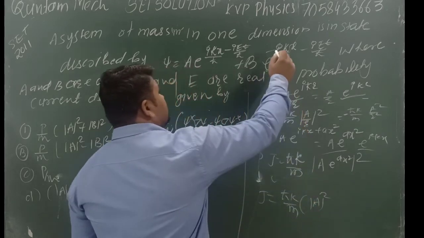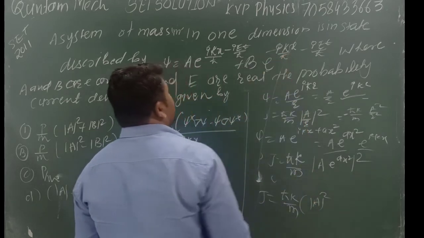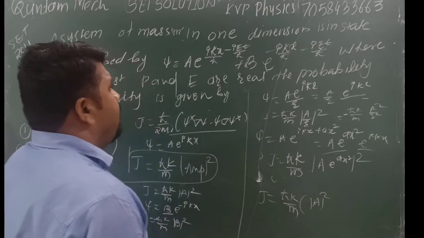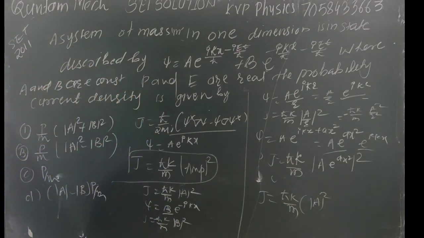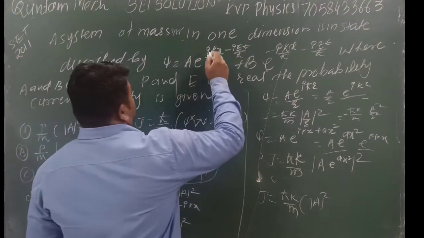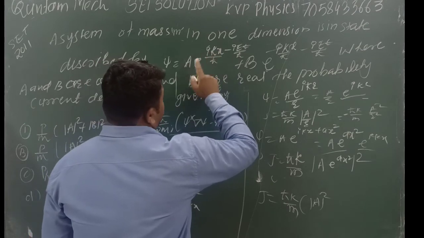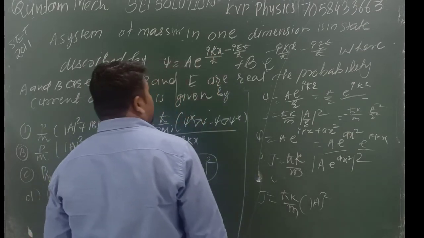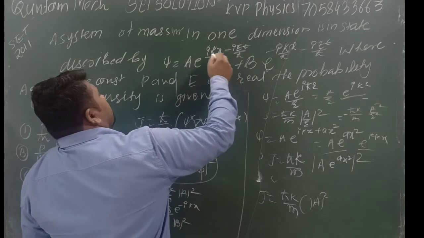And in the second, here is a minus sign. b e to the power minus ikx. For k we have to see whether the sign is positive or negative, don't take the whole term's sign. Here only focus on k.